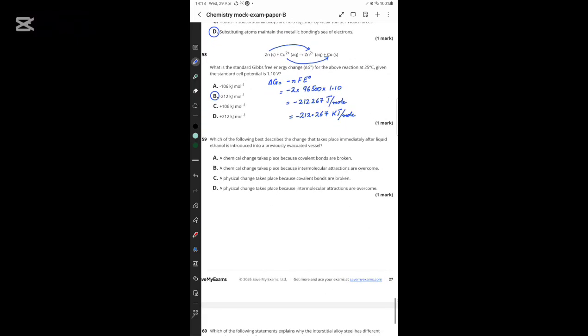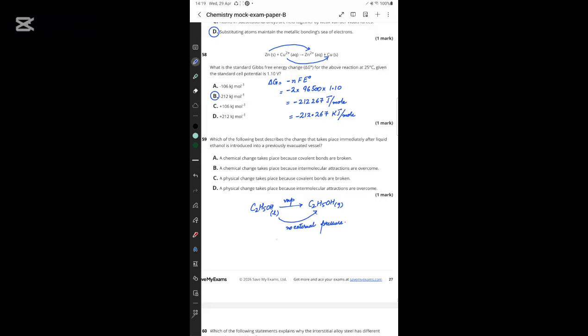Which of the following best describes the changes that take place immediately after liquid ethanol is introduced into a previously evacuated vessel? So first of all, when it is introduced in a previously evacuated vessel, then C2H5OH generally vaporizes and would be converted into C2H5OH in gaseous form. This was in liquid form, and that generally turns into gaseous form because here we are having no external pressure. So it generally changes into vapor form.